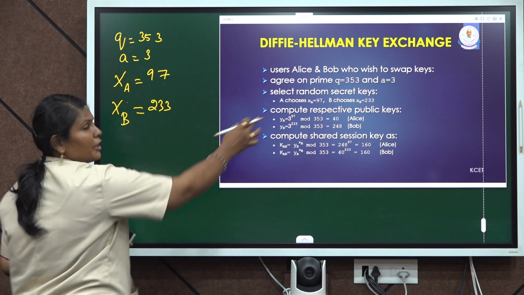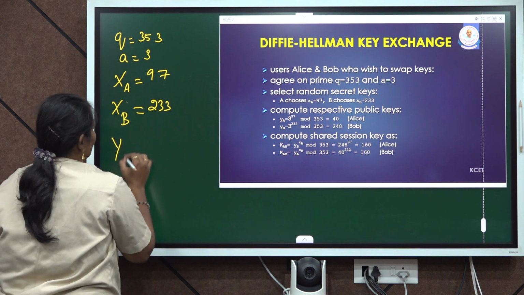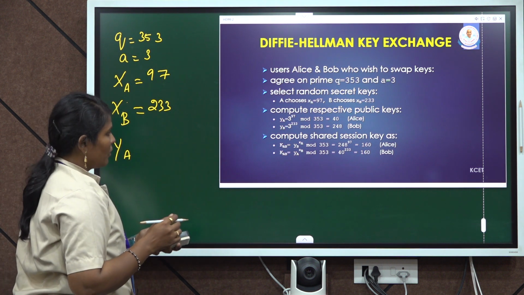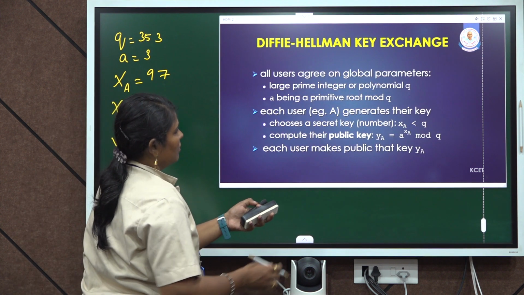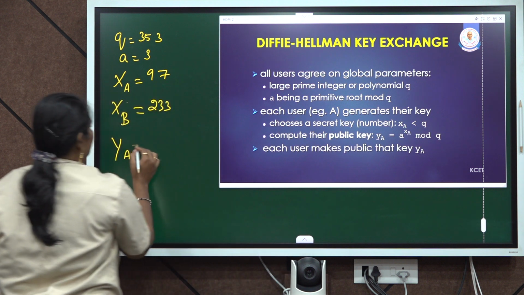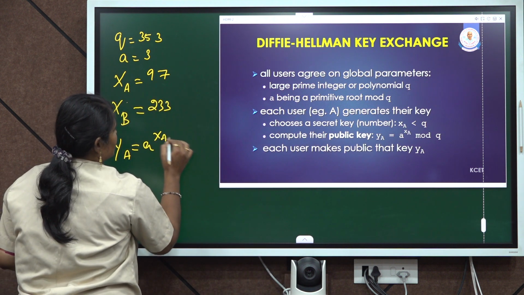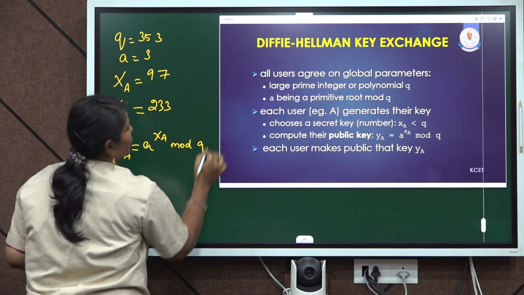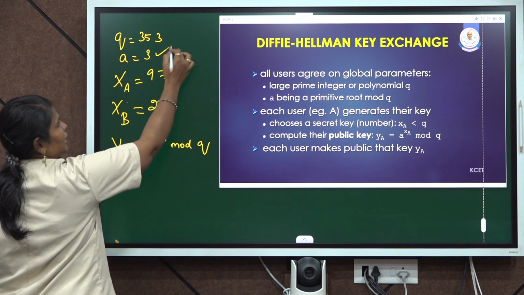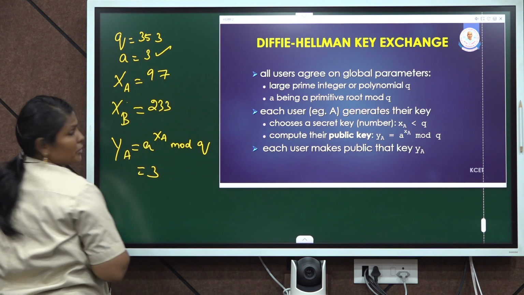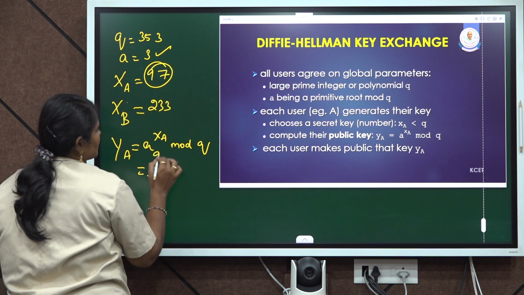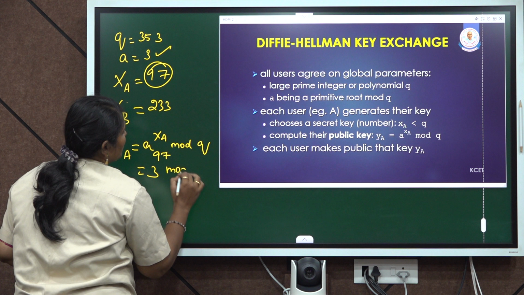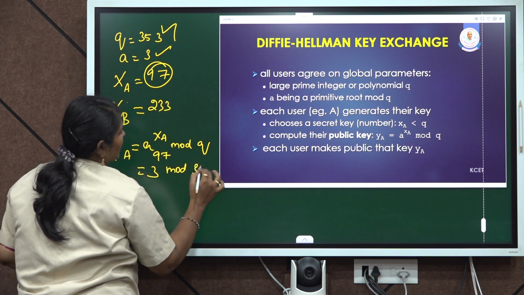Now we compute their public keys using the formula we quoted in the last slide. YA is equal to alpha to the power XA mod q. We already know the value of alpha, so I substitute it, with XA equal to 97, mod the prime number 353.